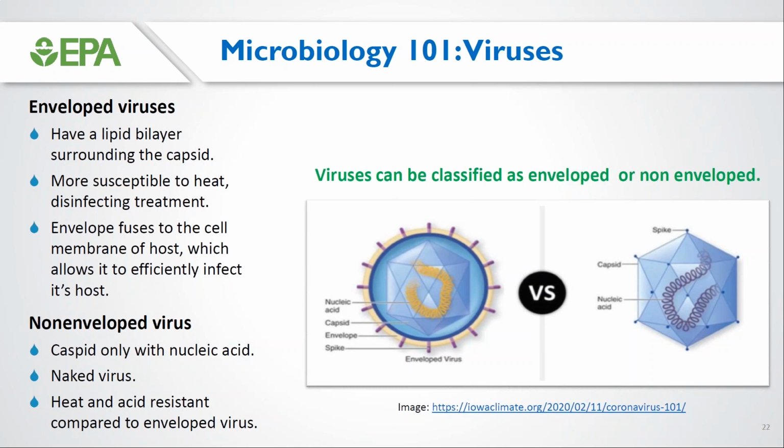So there are differences, and we classify viruses based on whether they're an RNA enveloped virus or a double-stranded DNA non-enveloped virus. Virologists use those terms to classify viruses. Next slide.